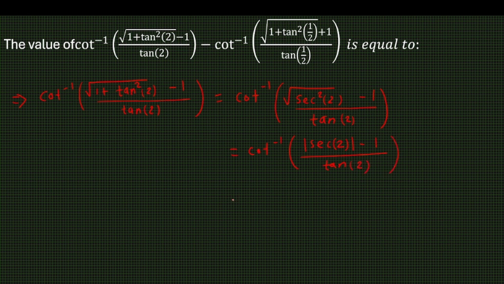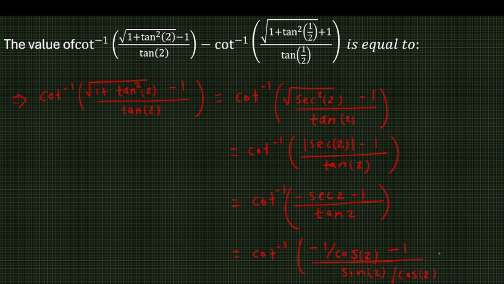Now cot inverse mod sec 2 is minus sec 2. So minus sec 2 minus 1 divided by tan 2. Now cot inverse sec 2 is 1 by cos 2, minus 1 divided by tan 2, which is sin 2 by cos 2.